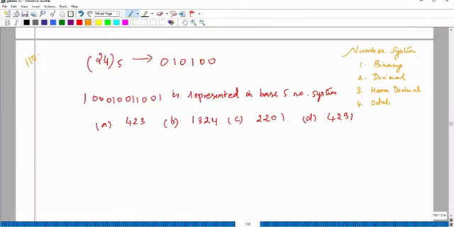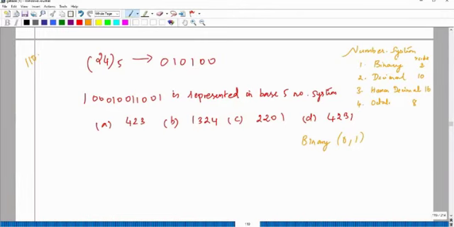The radix means the base of the number: it is 2 for binary, 10 for decimal, 16 for hexadecimal, and 8 for octal. I keep the radix as 2 for binary because it has only 2 digits, 0 and 1.